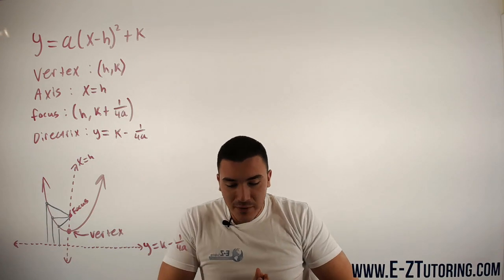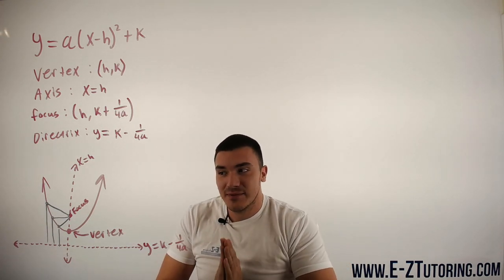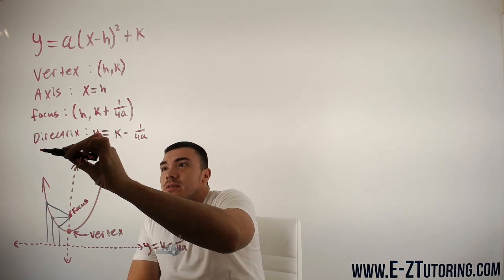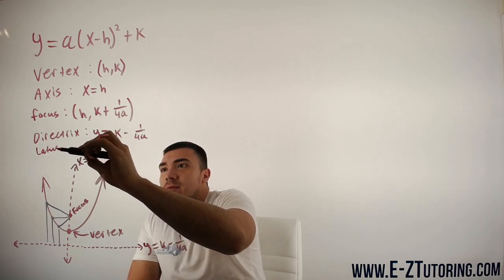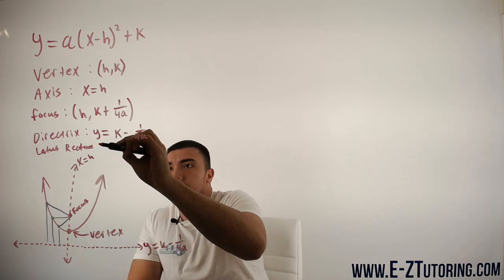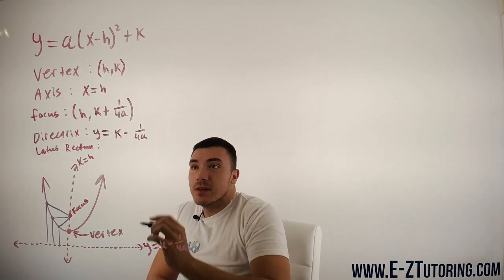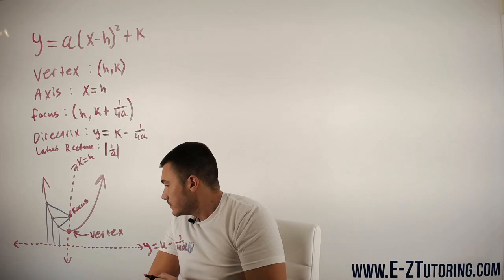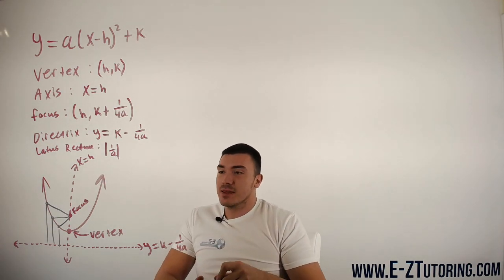All right, and now, last but not least, we need to find the length of our latus rectum. So, barely have room to fit this in here, but our latus rectum is going to be the absolute value of 1 over a. All right, so that is everything we need to know.